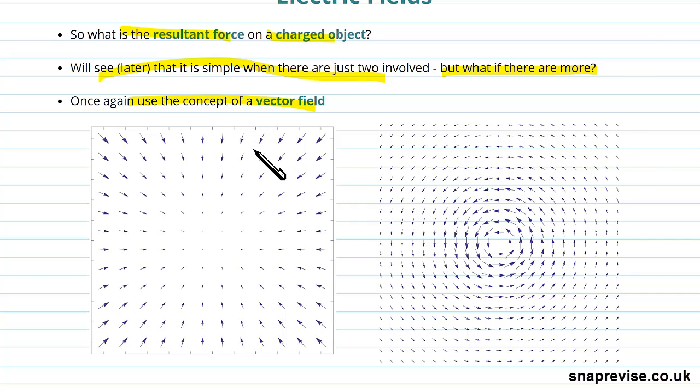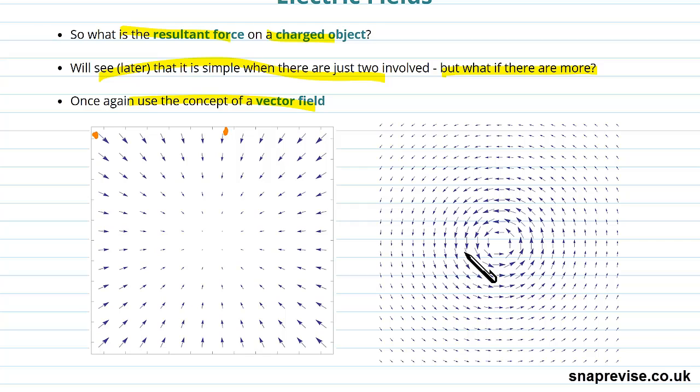The idea is that you have a vector for every point in space, and the magnitude of the vector tells you how strong the force is at that point, and the direction tells you where to go. We're not going to talk about charged particles here, just vector fields in general. A particle here would experience a force in that direction, and it wouldn't be as strong as the force it would experience here, but it would be in a different direction. And the same thing here, a particle here would experience a force going that way, and so on and so forth. So these are examples of vector fields.